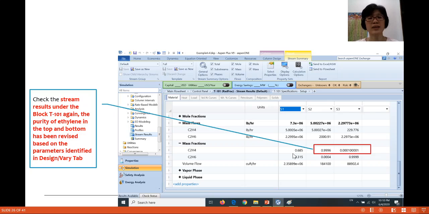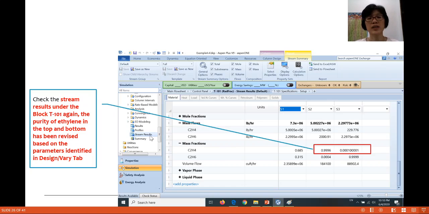So to answer question B just now, you have to specify the identified operating parameters, and you have to answer that the separation process is feasible because we are able to separate the ethylene to the desired purity using the distillation column. So this should be the answer for your question B.